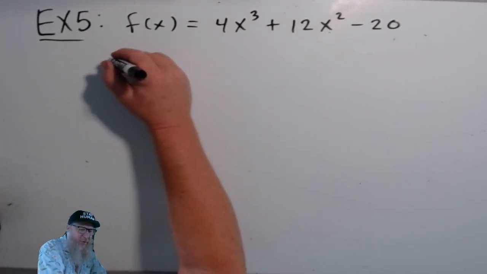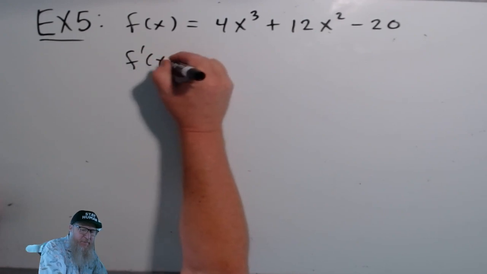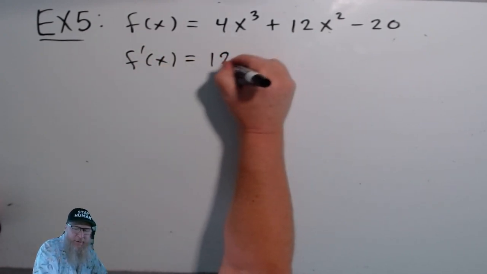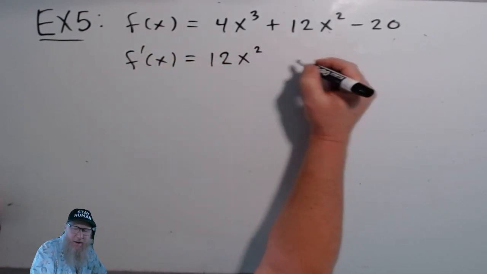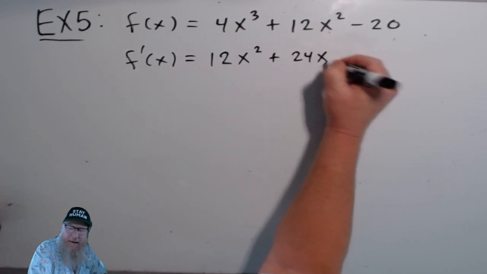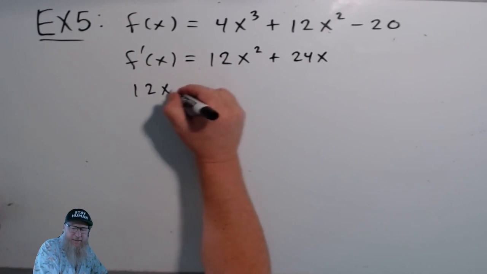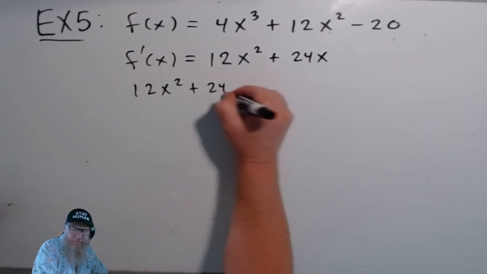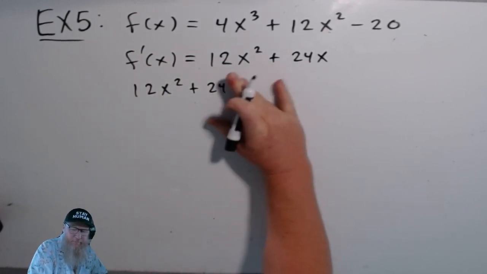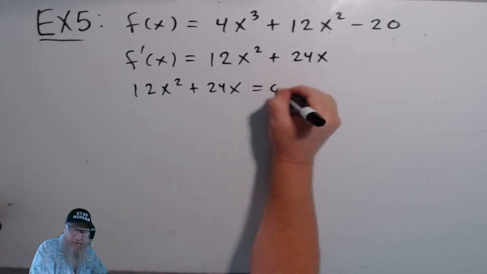So let's first find the critical values. We take the derivative, we get 12x squared plus 24x. We set this equal to 0 and solve for x.